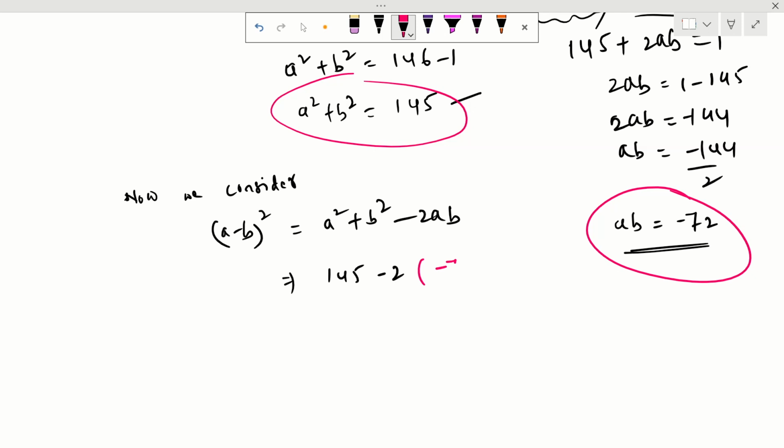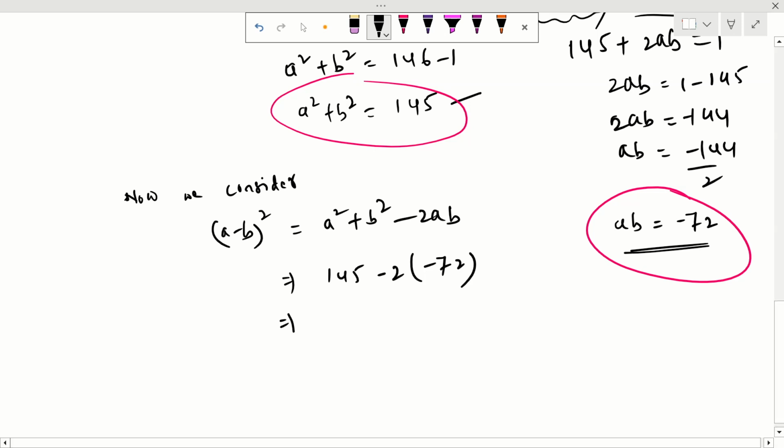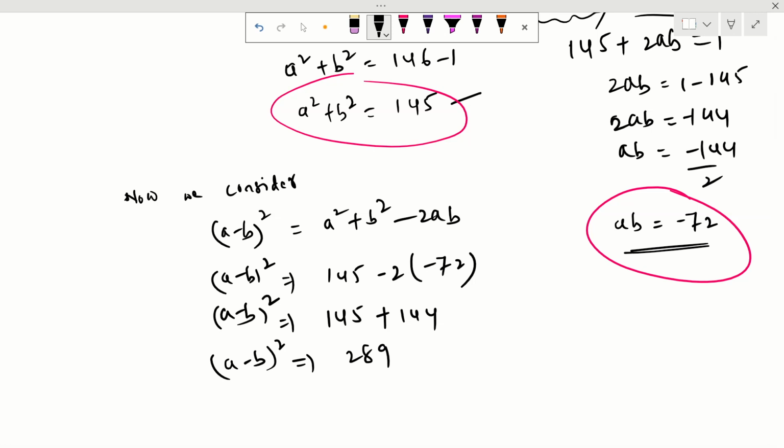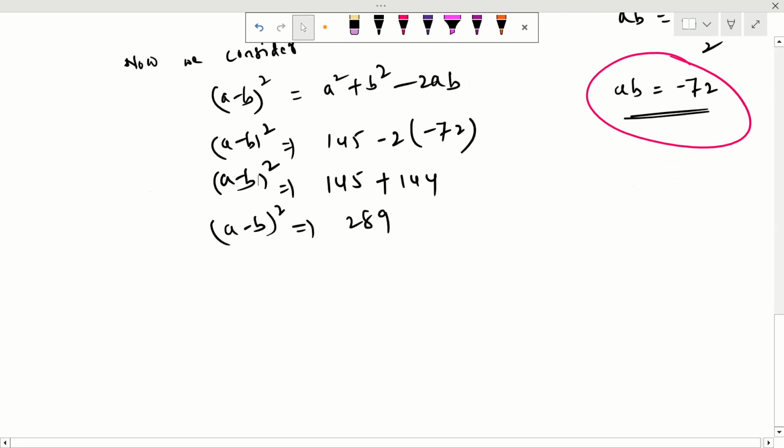Therefore 145 minus into minus is plus, and 2 into 72 is 144, and here we will get the value 289, okay? So a minus b whole square will be 289.